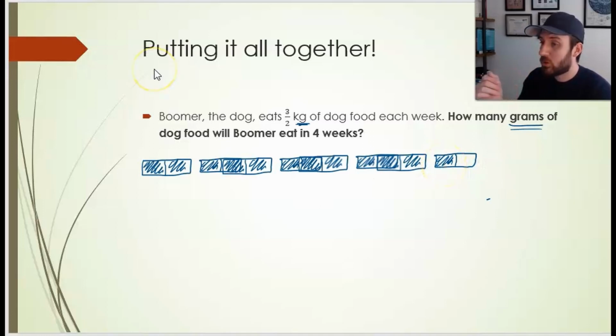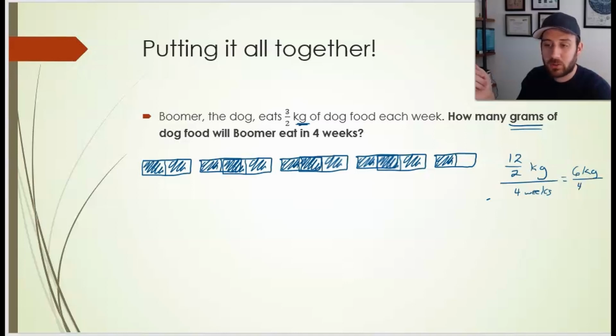We could just say this is 1, 2, 3, 4, 5, 6, 7, 8, 9, 10, 11, 12. 12 halves of kilograms in 4 weeks. Which we'll keep off to the side and see that that is going to be 6 kilograms, right? 12 divided by 2, 12 halves is 6 per 4 weeks.